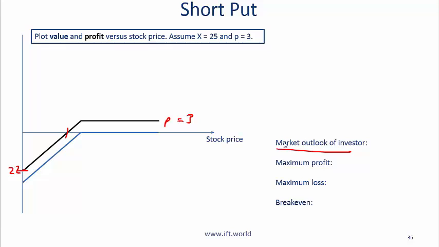If an investor believes that the market will stay the same or go up a little, then it makes sense to take a short put position. Maximum profit is P, maximum loss for short put is X minus P, and break even is also X minus P. All these lines are 45-degree lines.